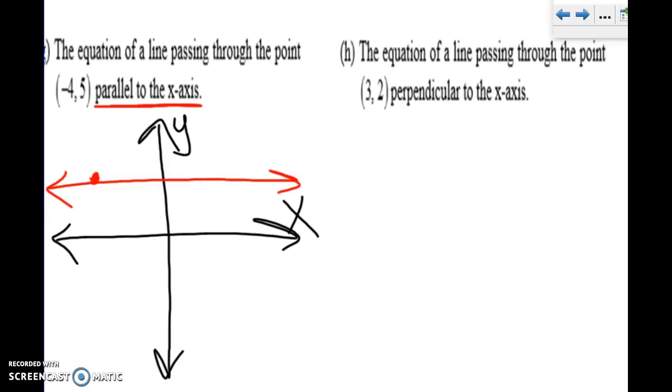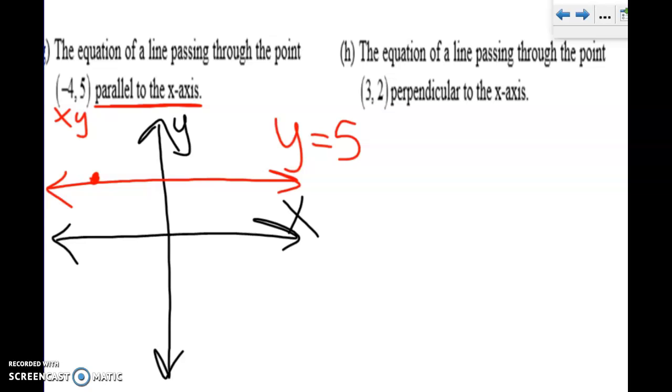I want to say horizontal line, it's a y, because a y kind of looks like an H, right? If I didn't give it so much of a tail, it would look like an H or horizontal line. So this is y equals, and what is the number? Well, if this is the x value and this is the y value, steal the y value, okay?